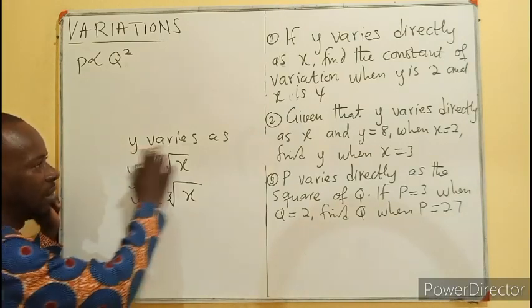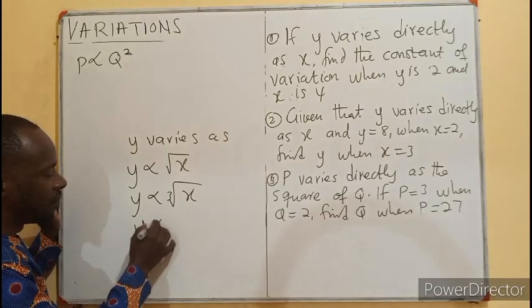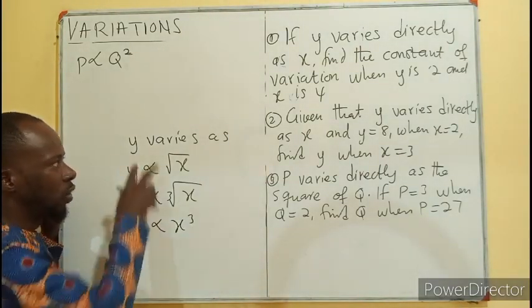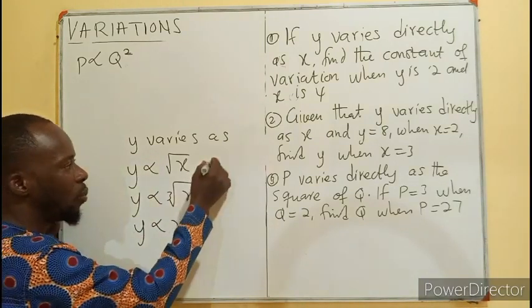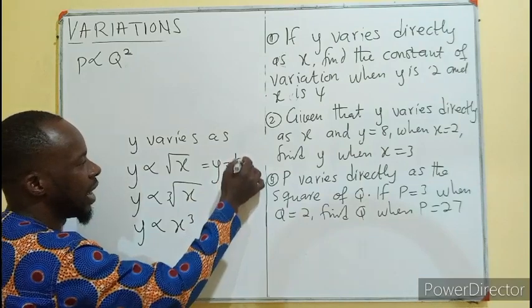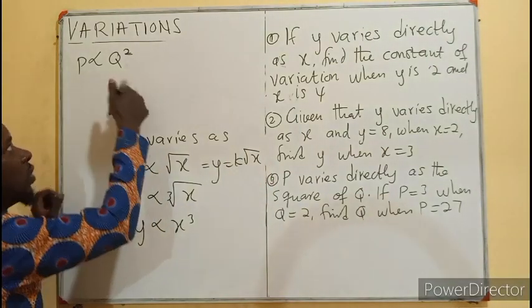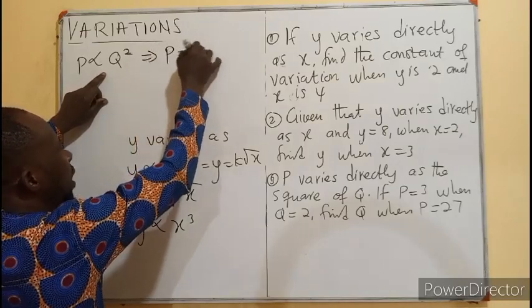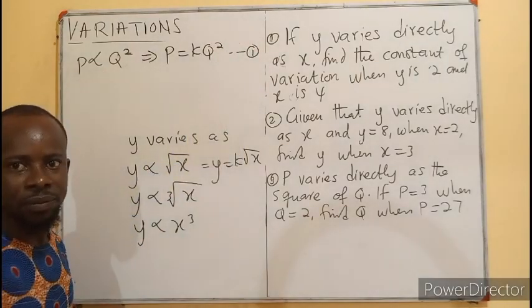Y can also vary as the cube of x. So the variation, which is the constant, will be there. If you open it, it will become k root of x. So this is going to be translated as P equals to KQ squared as our equation.